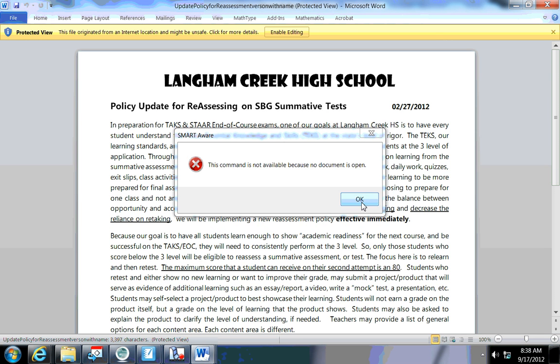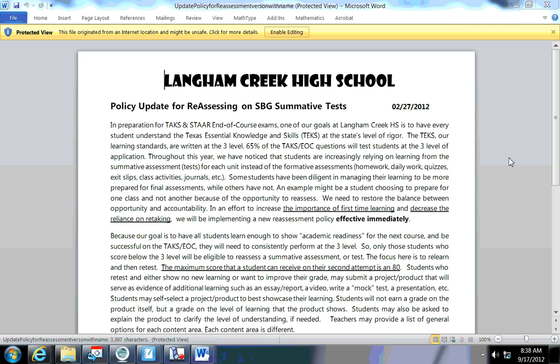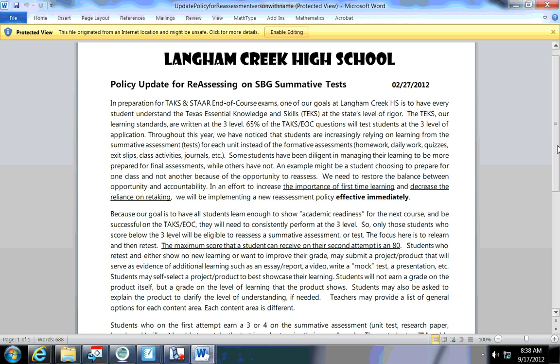This talks about Langham Creek's policy update for reassessing. And it talks about level 3 is a B, is basically what it's talking about.